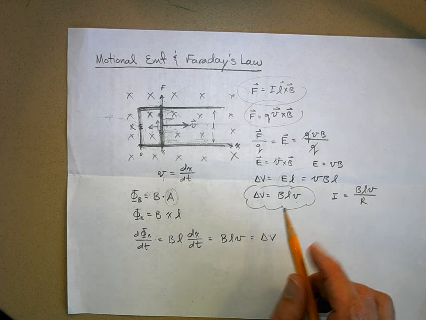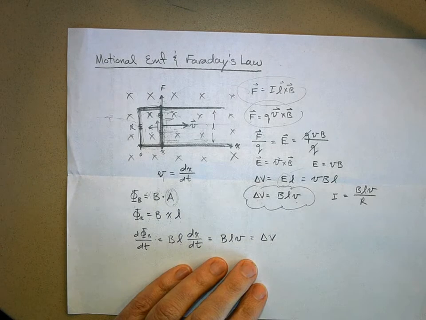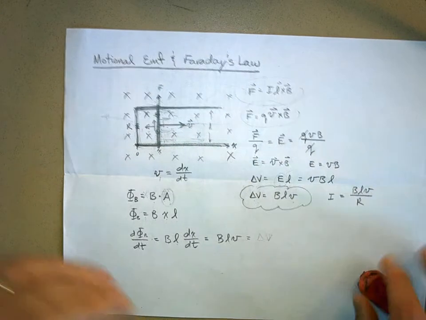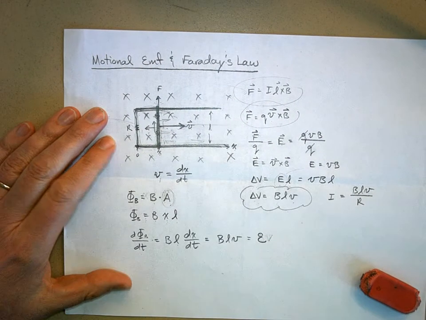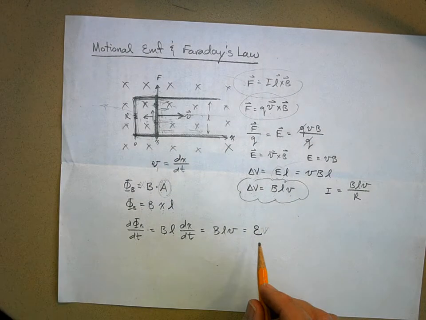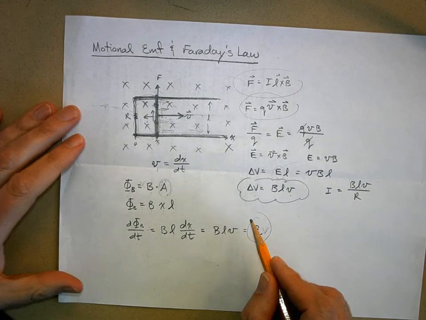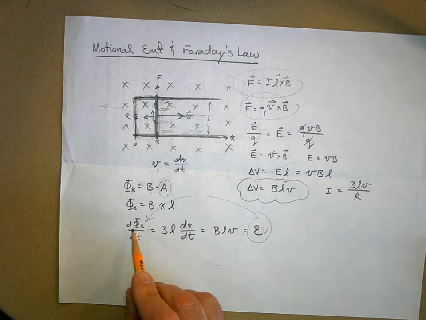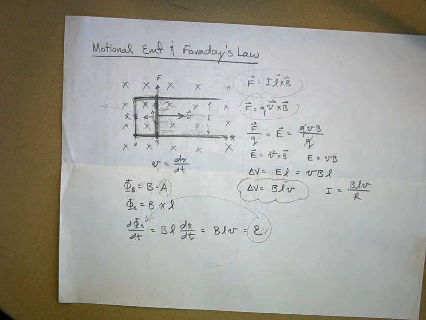Now I'm going to call that voltage E, for EMF. And now here I've got this guy is equal to the rate at which magnetic flux is changing in the circuit.